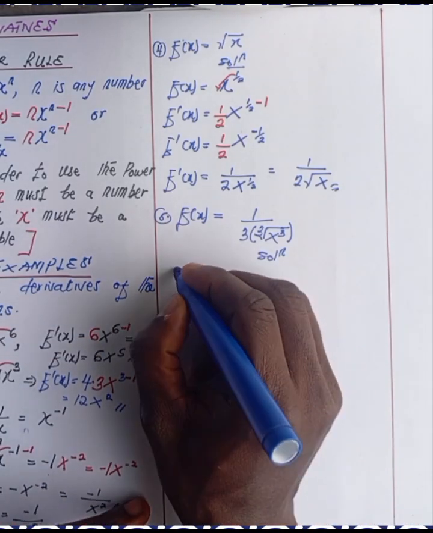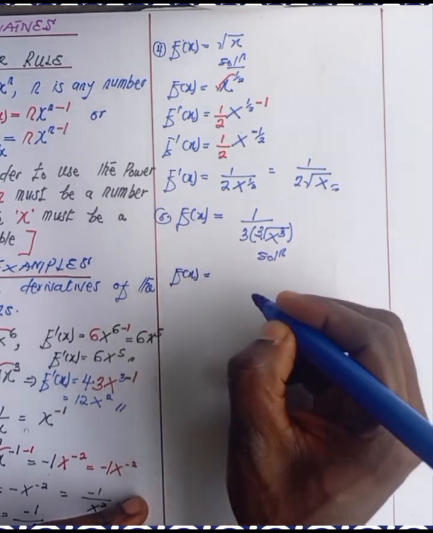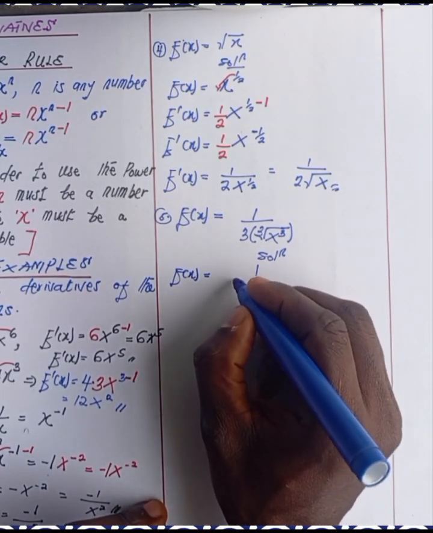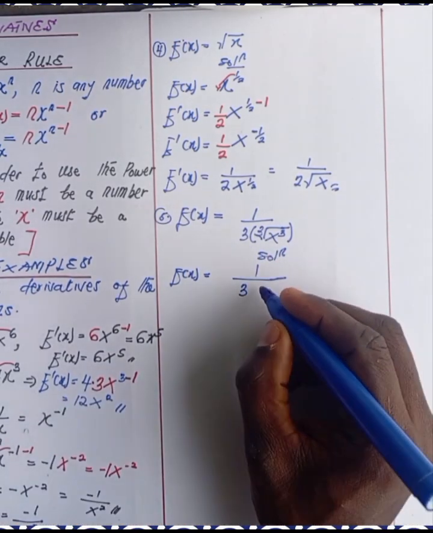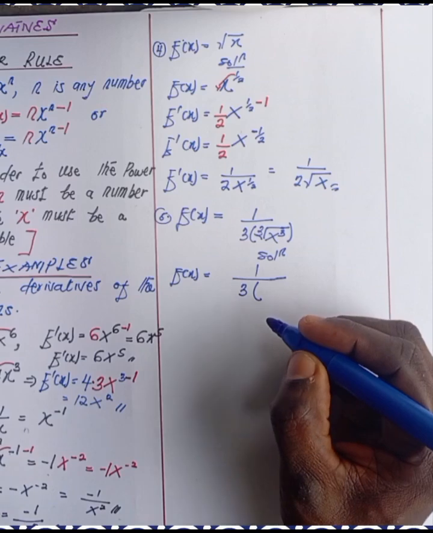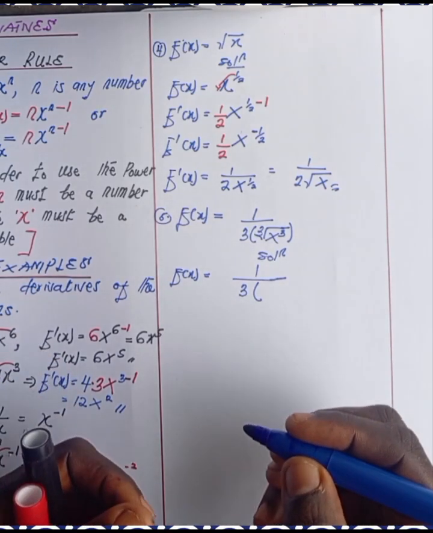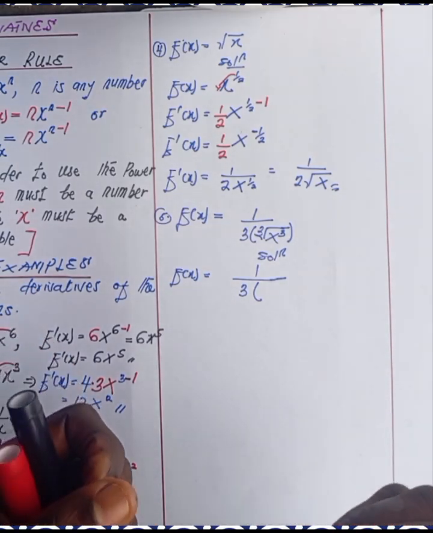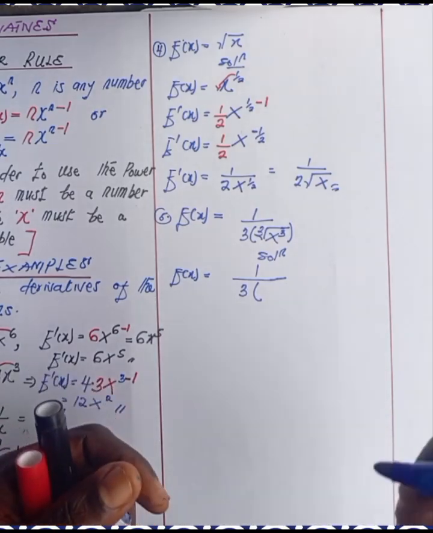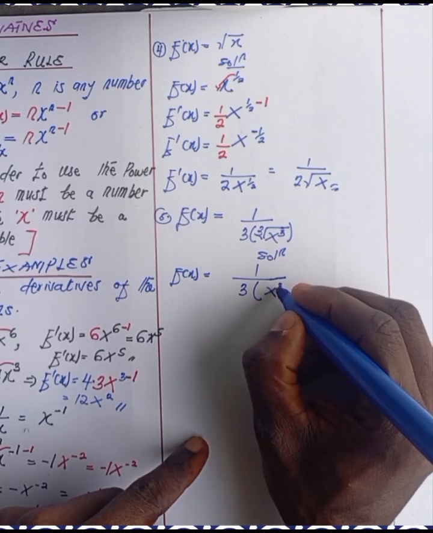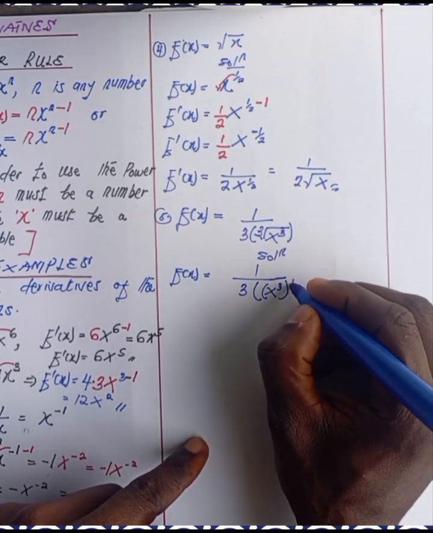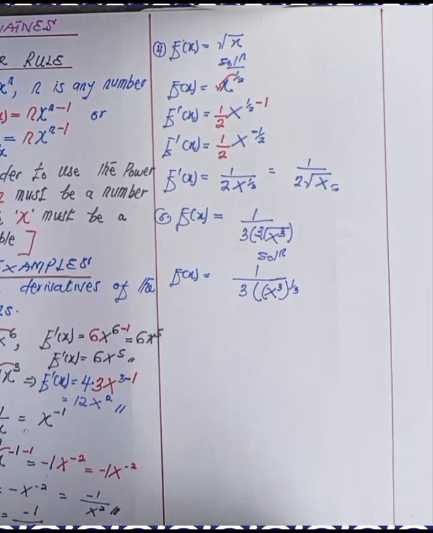So we can write the function f of x as 1 over 3, and we know that cube root is the same as what? Square root is 1 over 2, cube root is 1 over 3, fourth root is 1 over 4. So you can write this as x exponent 3, all raised to the power 1 over 3, and 1 over 3 is the cube root.